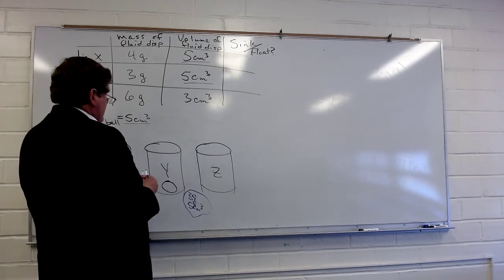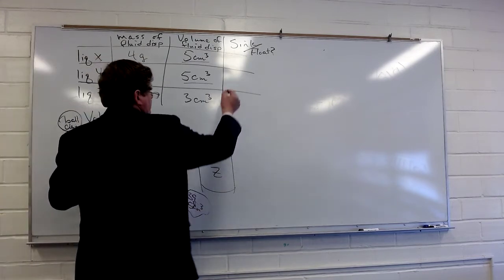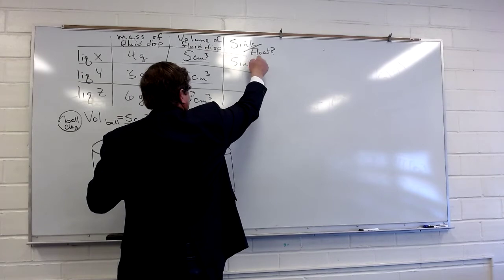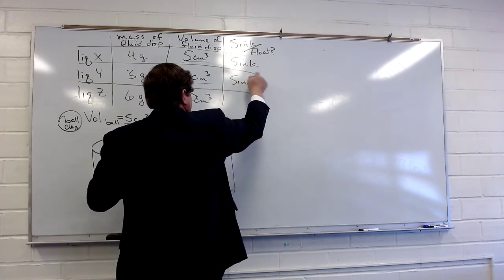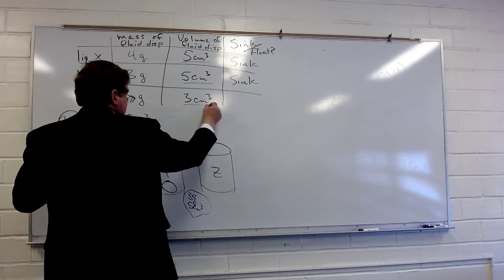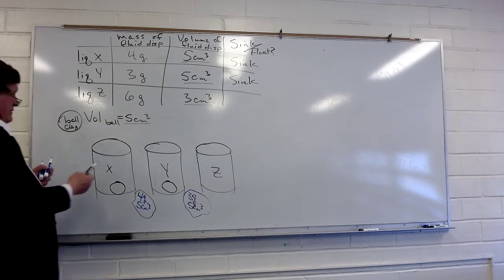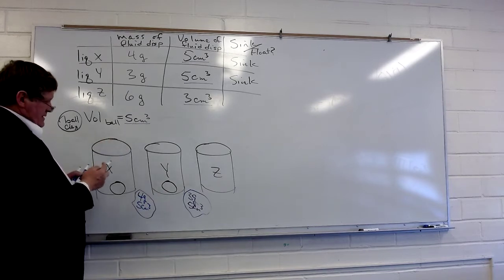So it must sink here and sink here. But if we look at liquid Z, only 3 centimeters cubed of liquid have been displaced. And the ball takes up more space than that.